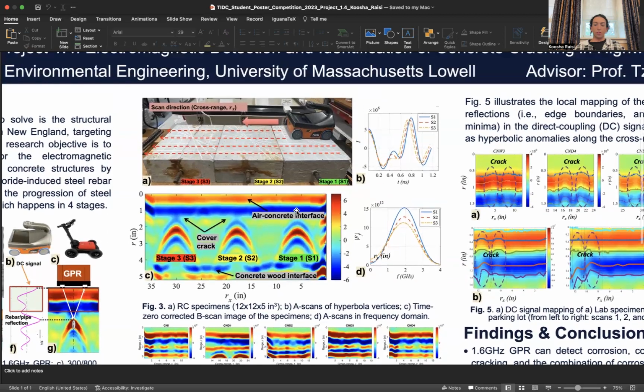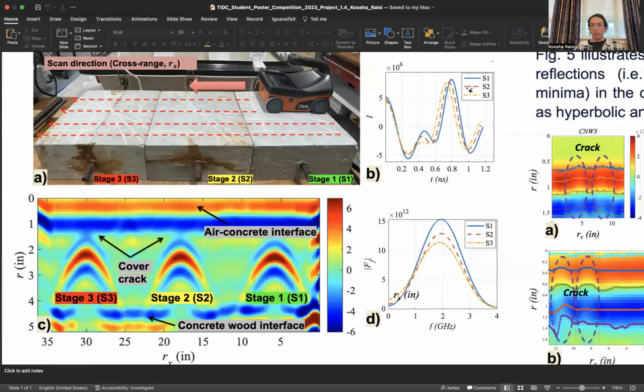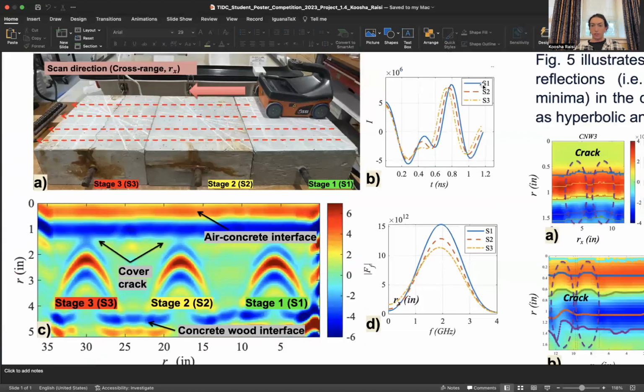So if we cut the apexes here and find the maximum amplitudes, you can see here that the maximum amplitude reduces at the apex hyperbola cut, the cross-range cut that represents this A-scan in time. That amplitude reduces as corrosion progresses. Not only is the amplitude reduced, as you can see here, S1, S2, and S3 represent stage 1, stage 2, and stage 3.